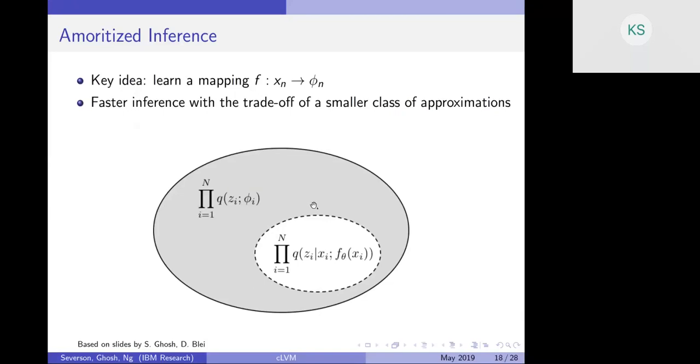We might instead consider a subclass where now instead of having a phi for each i, we have some mapping that takes in our observation xi as the parameters. So now we just need to learn this one global f of theta as opposed to learning parameters for each distribution, and this can help as the number of samples in your data set grows very large.